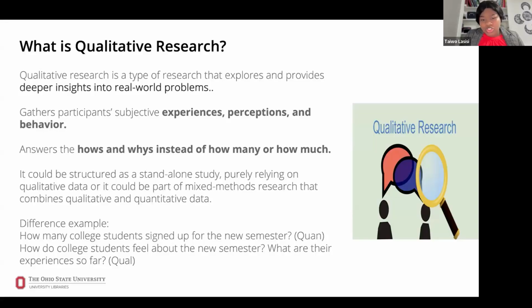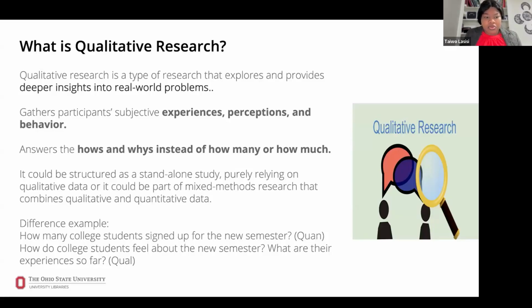When you think about ontology, praxeology, axiology, things that have to do with human interactions, in-depth analysis, their experiences, their perceptions, their behavior, and some of the reasons why they behave the way they behave, their ideologies. You think about culture. So it's more about the hows and whys, rather than how many or how much, which is definitely towards the lens of quantitative.